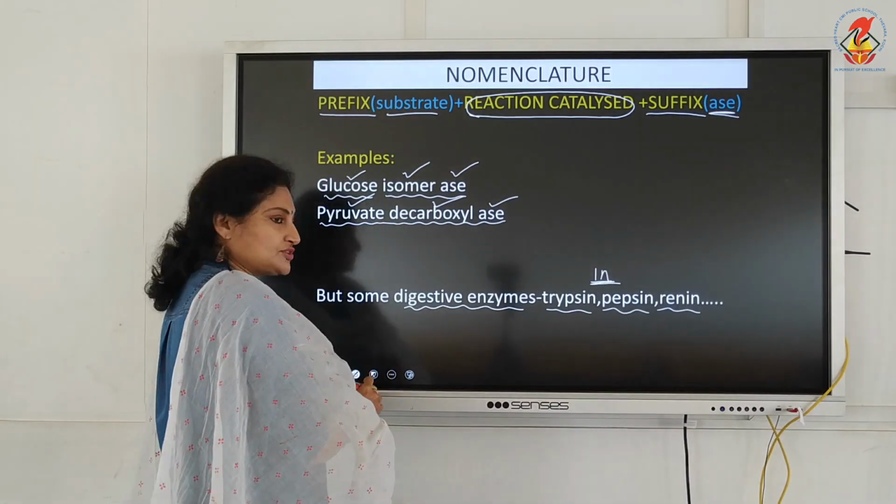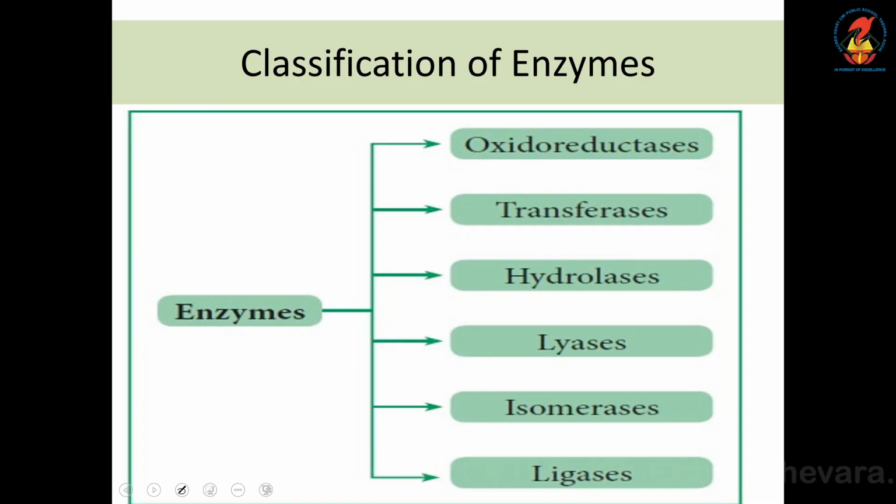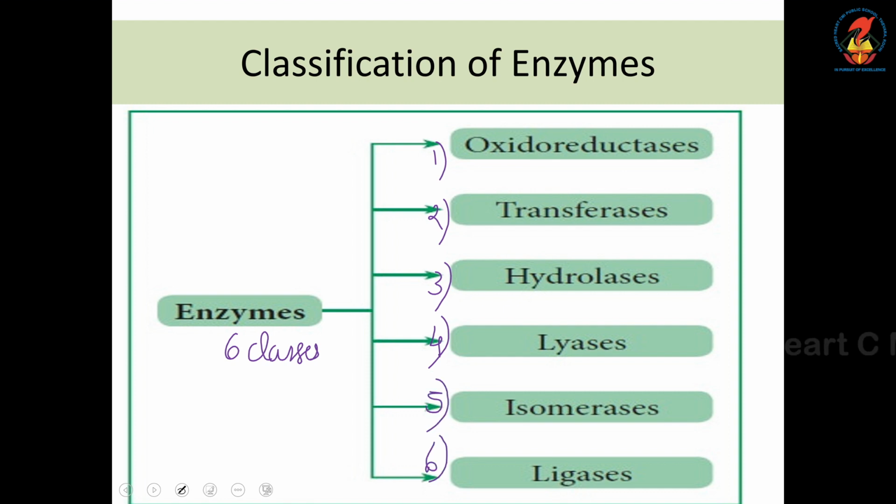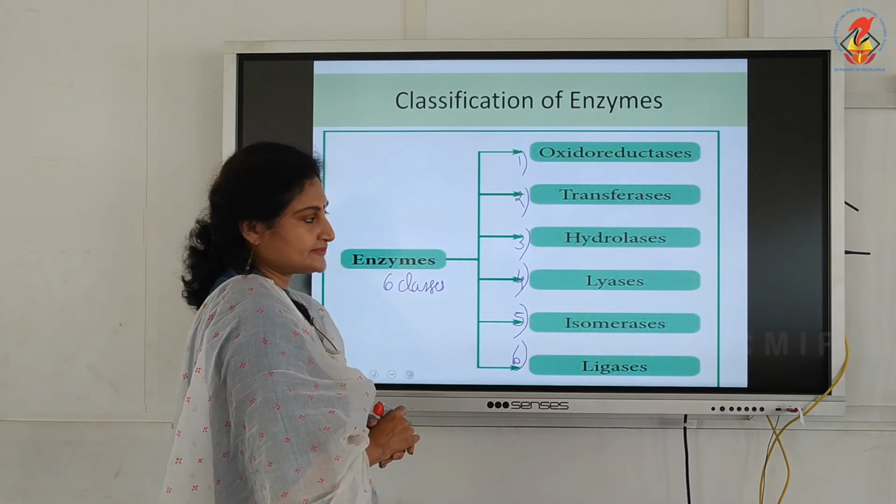Now, let us move on to the classification of enzymes. Enzymes are broadly classified into six classes. The first class are oxidoreductases, second transferases, third hydrolases, fourth lyases, fifth isomerases, and the sixth class ligases.